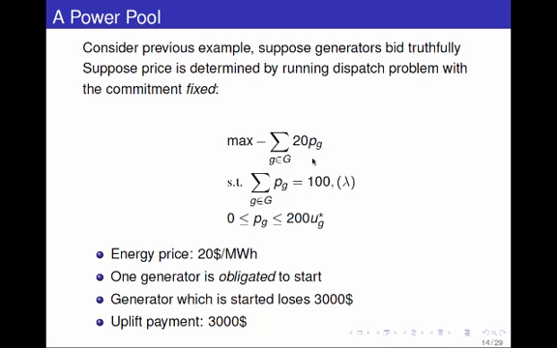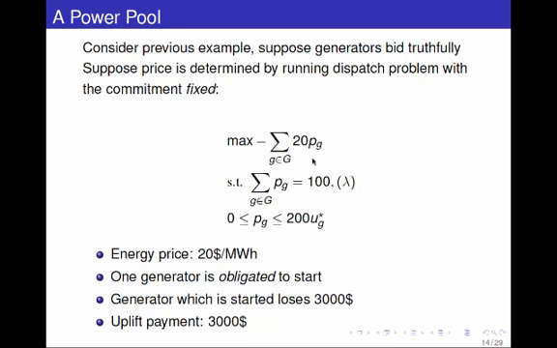Now, there will be all but one guy here who was asked to start up. All the guys who kept off, yeah, they're off, no harm. Well, actually, even for those guys, you need to make a calculation to see if they need uplifts or not. You ask them, if the energy price were 20, would you have been willing to start up? And if so, how much profit would you have made? You don't even need to ask them. You can run these computations as a system operator after you've received all the data. You don't need to go back to them and ask them to do more bids for uplifts.